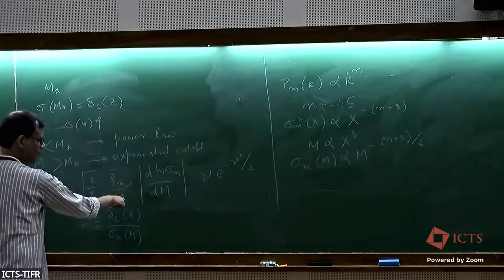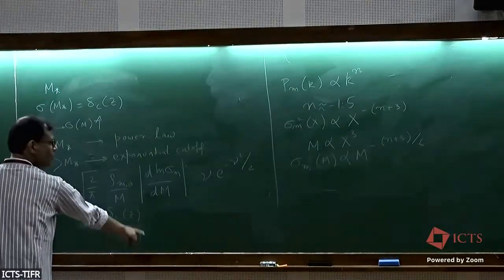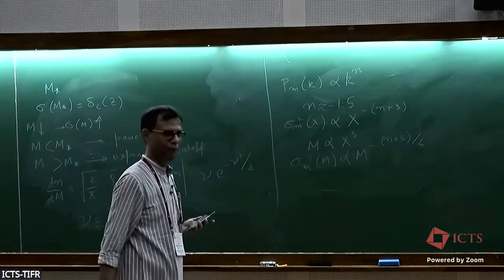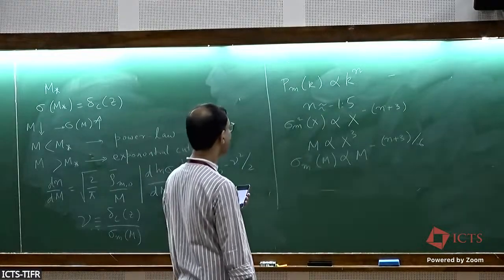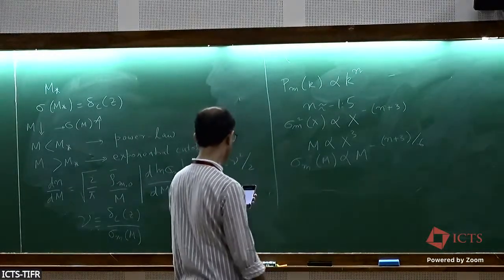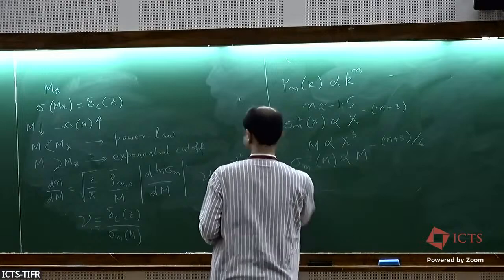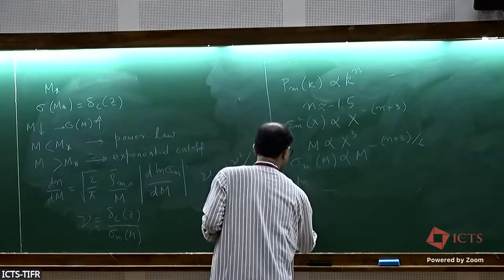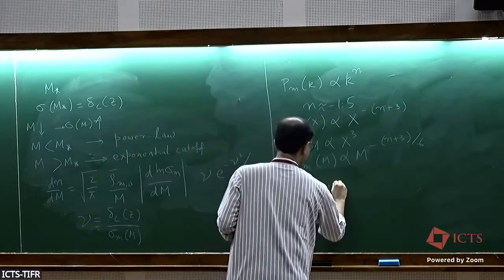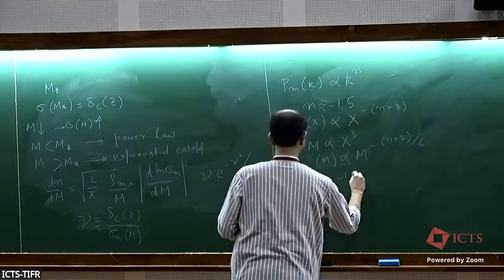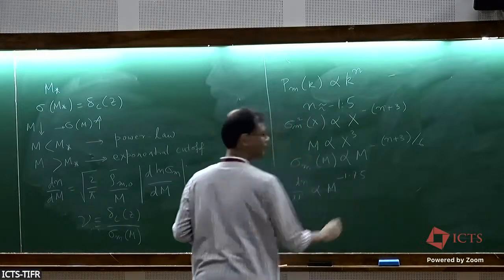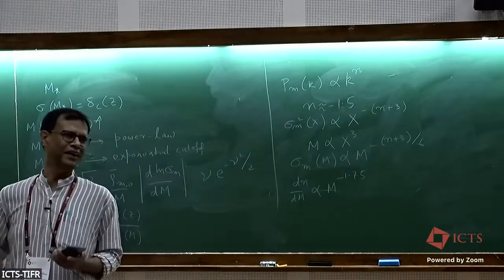So it is 1 by m square, and nu gives you some power law of m. For n equal to minus 1.5, dn/dm will go as something like m to the minus 1.75. So these are the typical numbers.